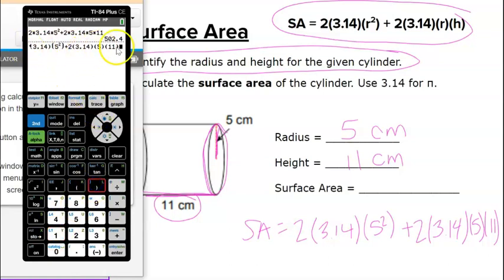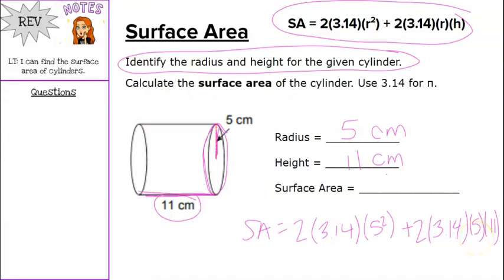So that's how you would use the parentheses, and again, it does give you the same answer. You might find it easier to just use the times button, but either option works. So our surface area is 502.4, and it is centimeters squared. Surface area is centimeters squared.